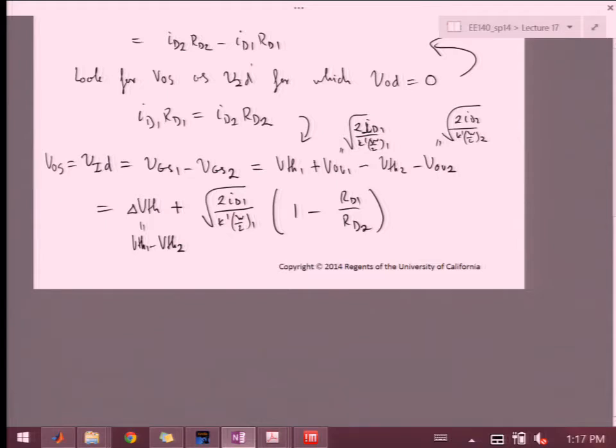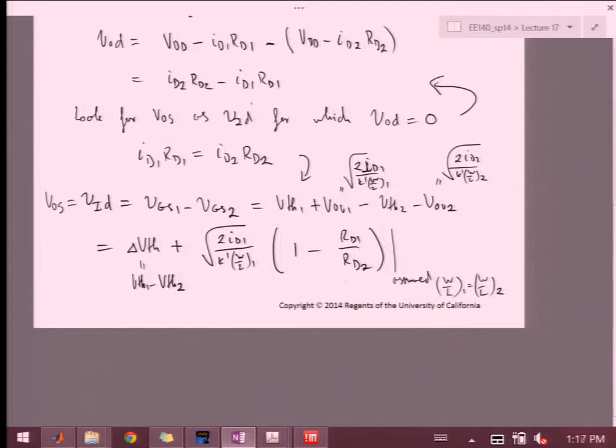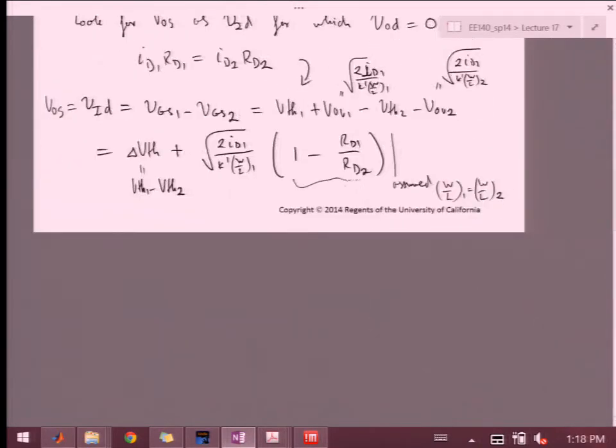Now, notice that for this, I at least assumed that W over L1 equals W over L2. So I really just looked at what's happening if RD1 is different than RD2. So this piece over here is delta R over RD2.